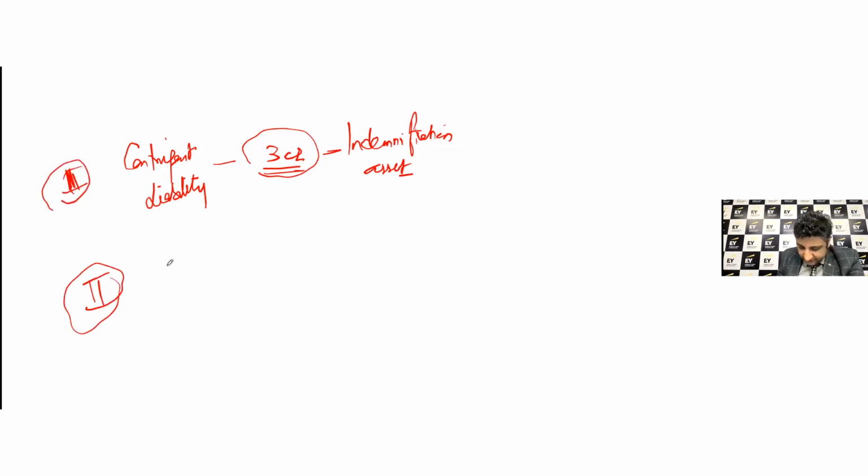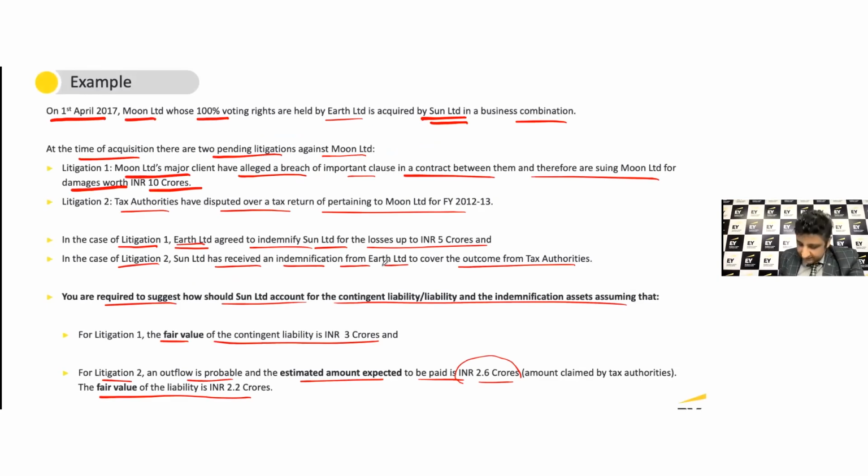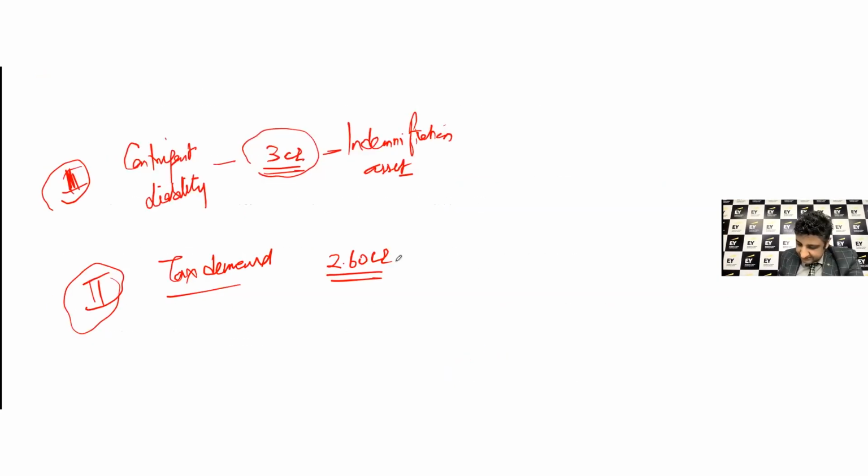As far as the second scenario is concerned, the tax demand to the extent of 2.6 crores, right? We are given that the amount expected to be paid is 2.6 crores, and that is something which is going to be claimable, and to that extent you would create an indemnification asset in this particular scenario, right?